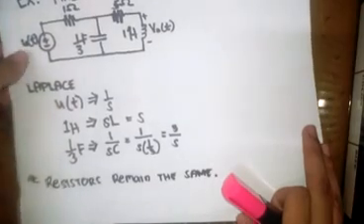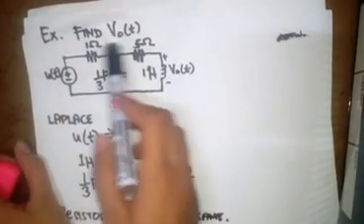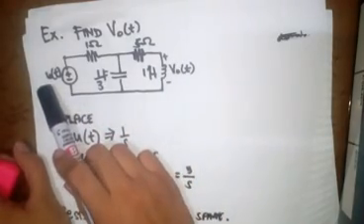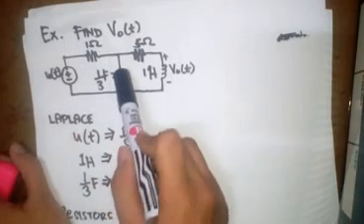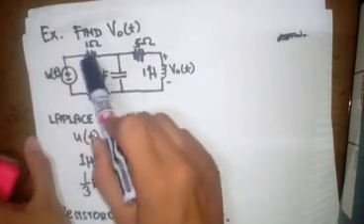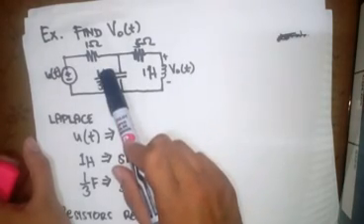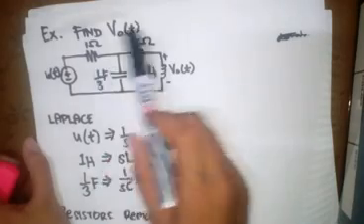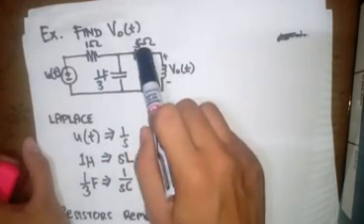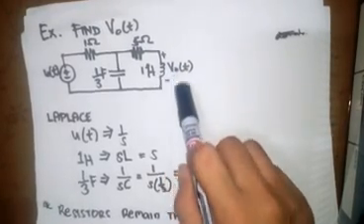Okay, here is our problem. Given this circuit, the voltage source is u of t, no constant given, just u of t, and there we have a 1 ohm resistor and a 1/3 farad capacitor, in parallel with a 5 ohm resistor and a 1 henry inductor.